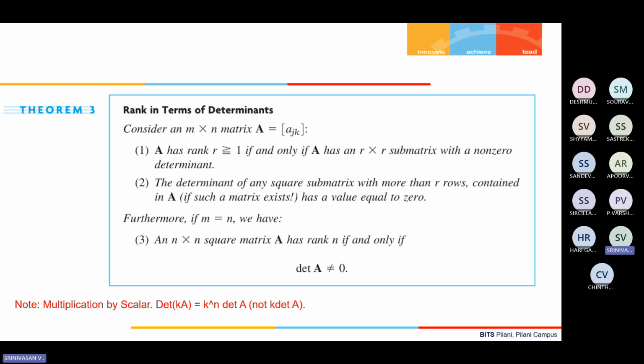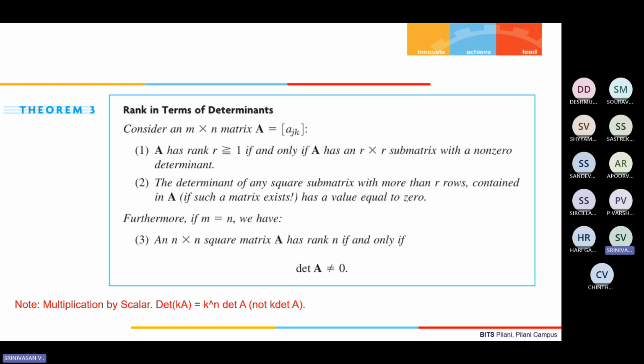Now, for example, you have a 3 by 3 matrix. Its determinant equal to 0 means the rank is not equal to 3. So you go for any square submatrix of order 2 by 2. Naturally, when you take such a submatrix, it will be of order 2.